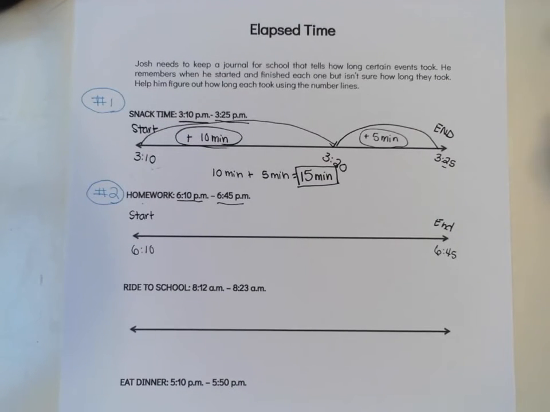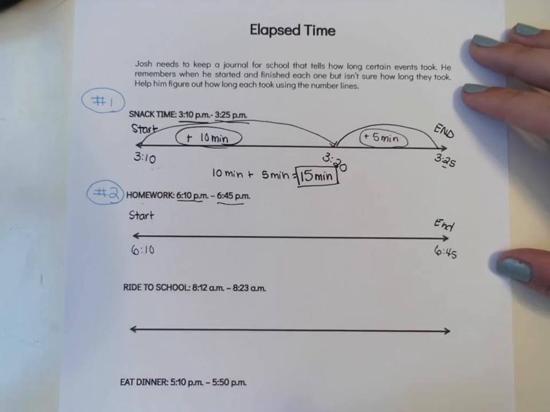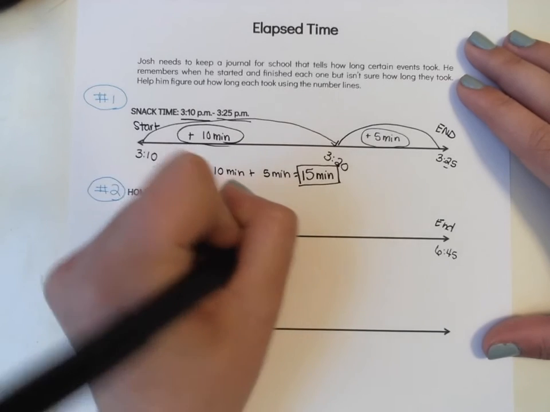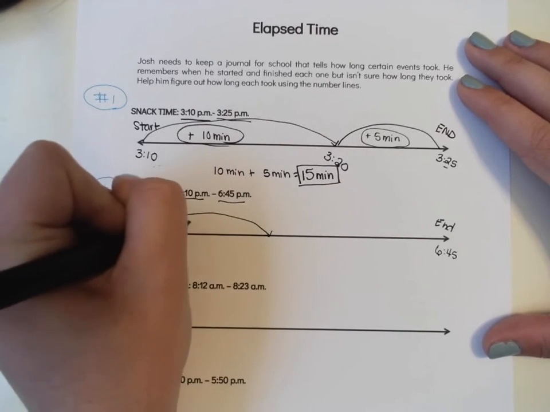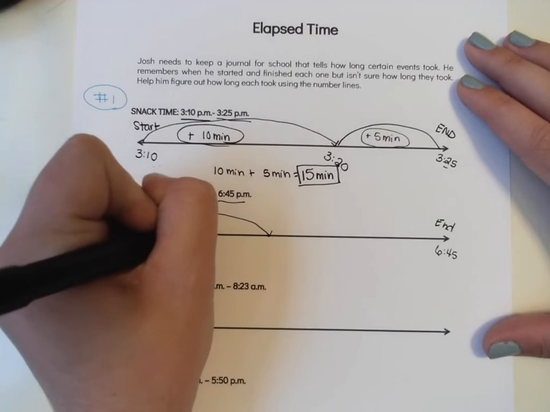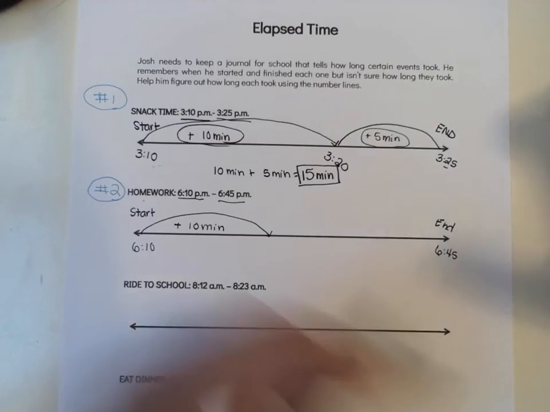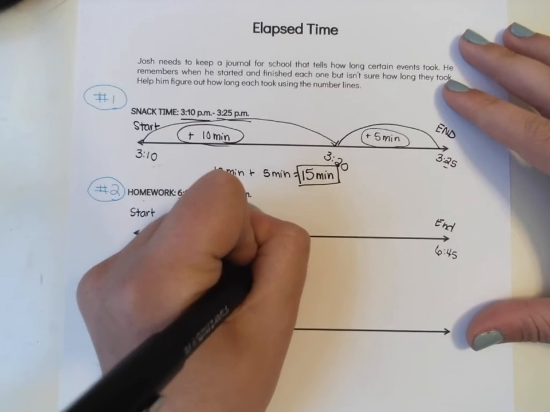You could either jump in friendly numbers, or you can jump up a higher increment of numbers, right? So I know that if we're at 6:10, and I add 10 minutes to 6:10, what number would I end up on? What number would I jump to? Right, I would jump to 6:20.